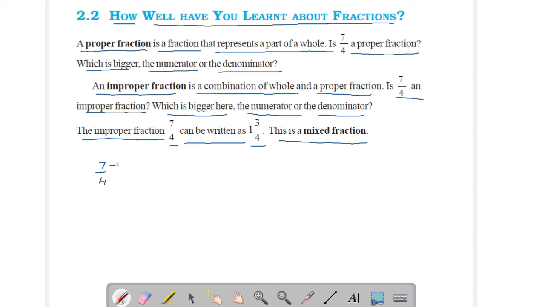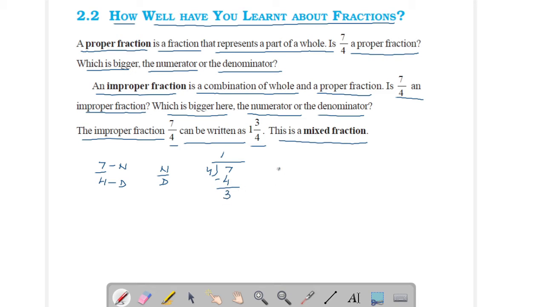Here 7 was the numerator and 4 was the denominator. Divide the numerator by the denominator, that is 7 divided by 4. What will you get? 4 1 4. Subtract it. What will you get? 7 minus 4? It is 3.